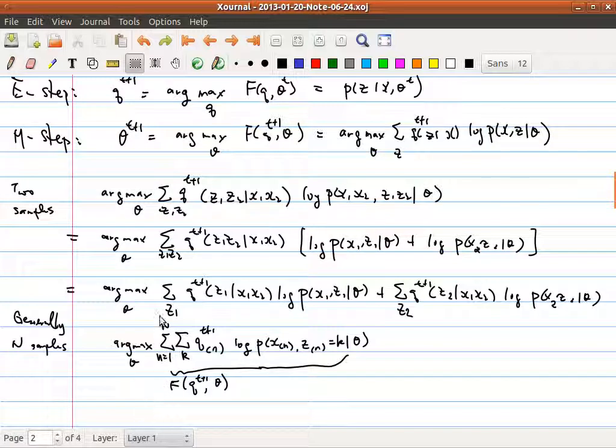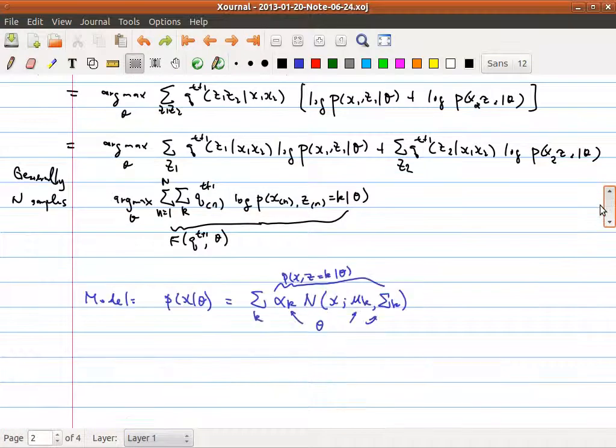So we are trying to maximize this with respect to theta. So we recall, what is theta exactly? The model we have is really a Gaussian mixture model.